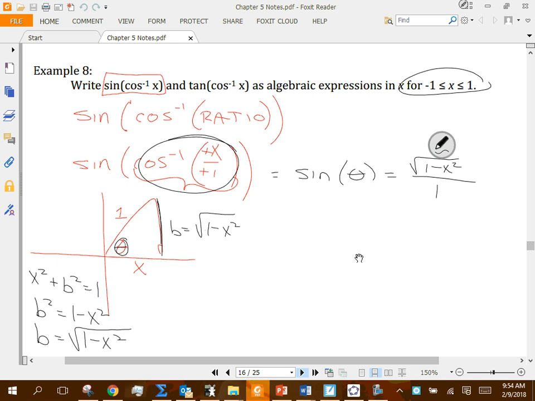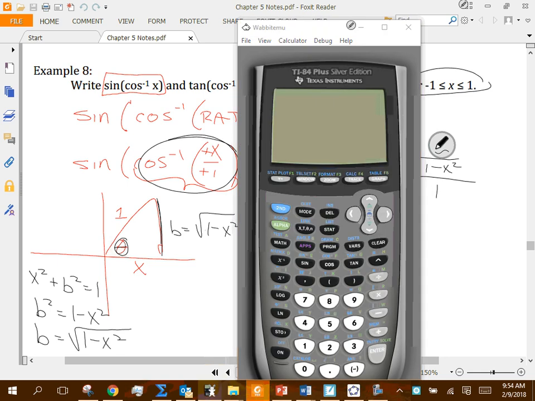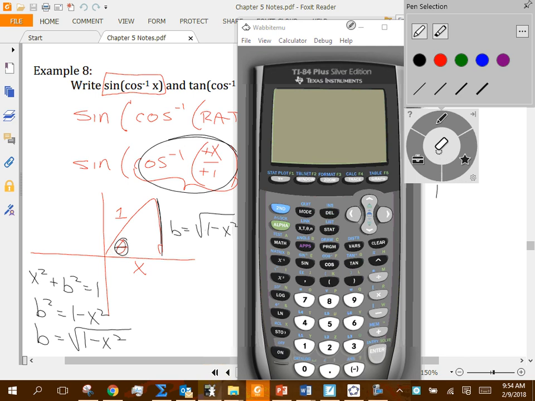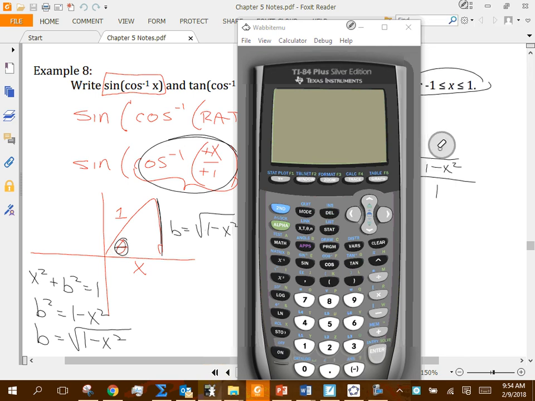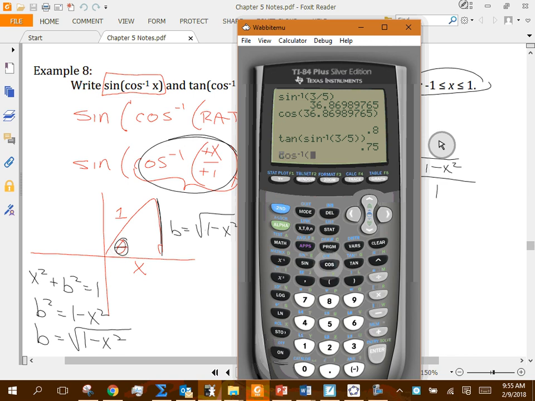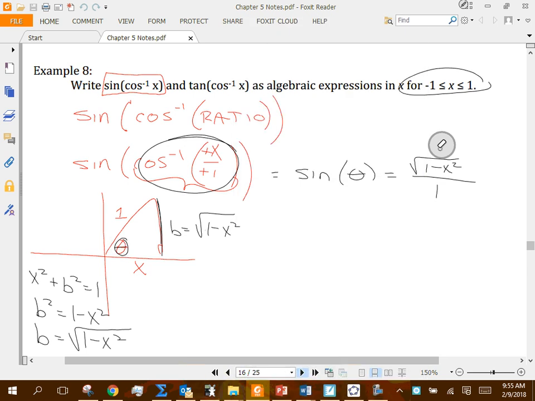Anything outside that, if you type in cosine inverse on your calculator and type in a number like 5, that's outside 1 and -1, right? And enter. You get a domain error. So they have to provide that restriction. Don't want to worry about too much stuff.